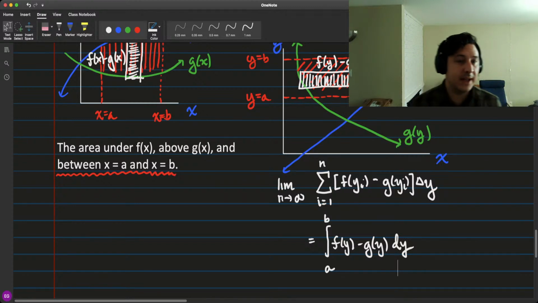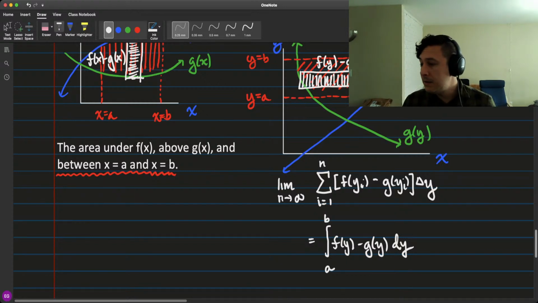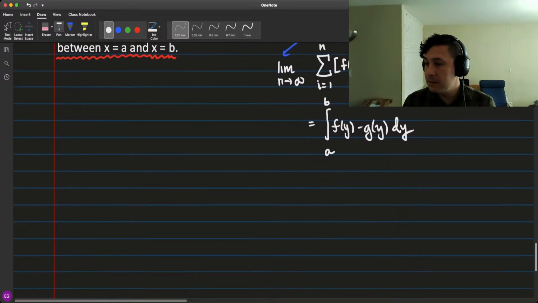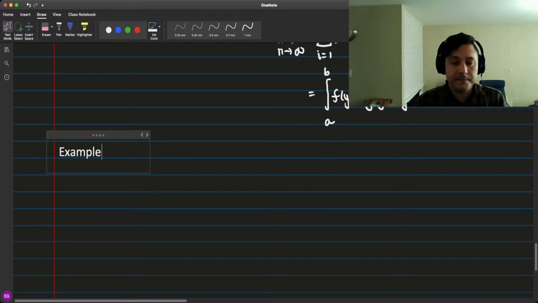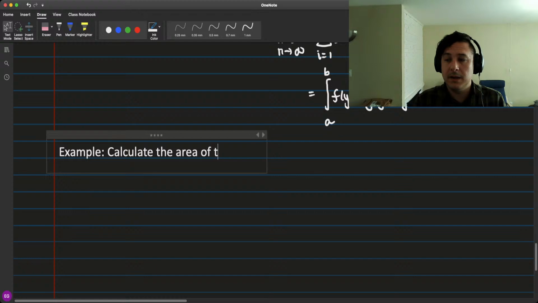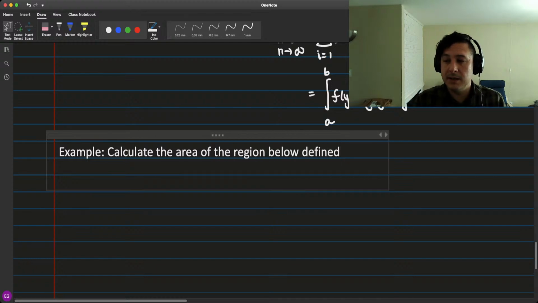So I'm going to show you how to do this. Let's actually do this. Example: calculate the area of the region defined by y.